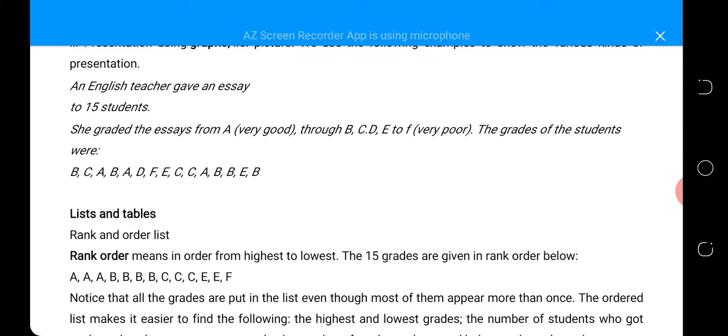The 15 grades are given in ranking order as shown below, starting from A to F. Notice that all the grades are put in the list, even though most of them appear more than once.